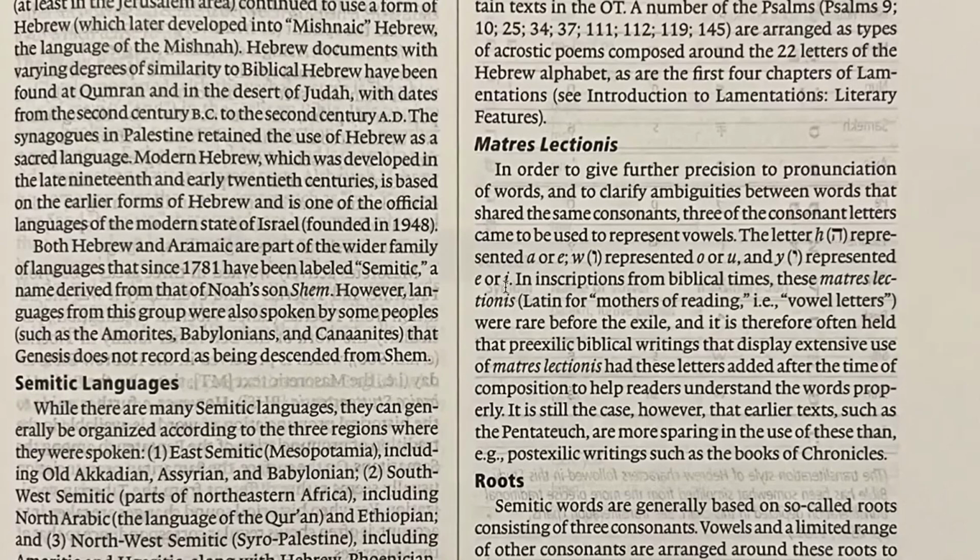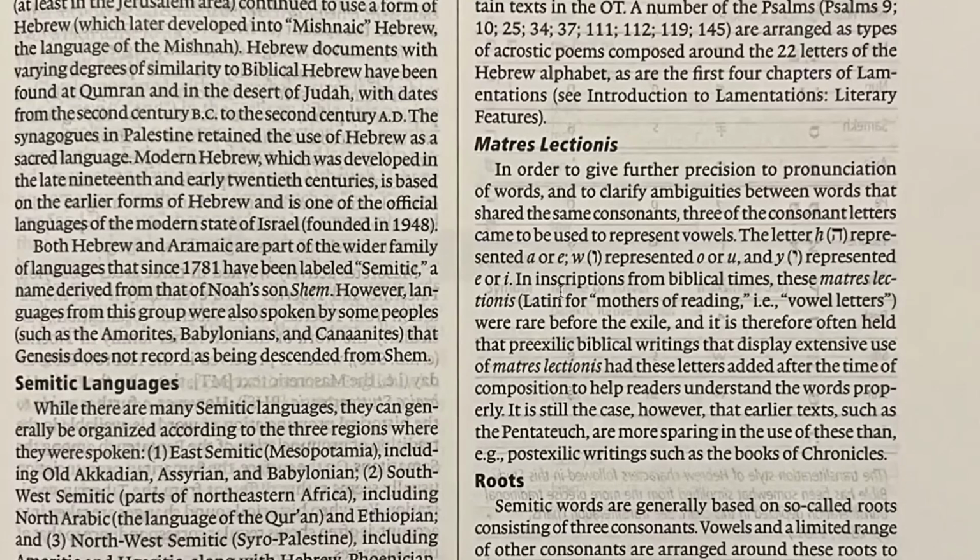So that's why I say it's probably good to look at the screen to see what these letters are.